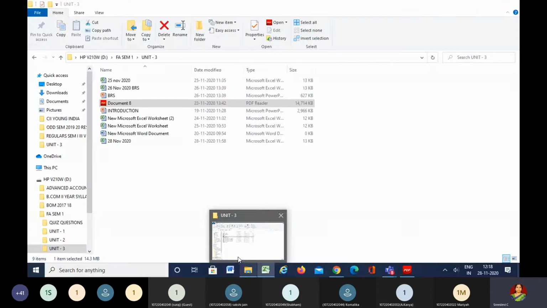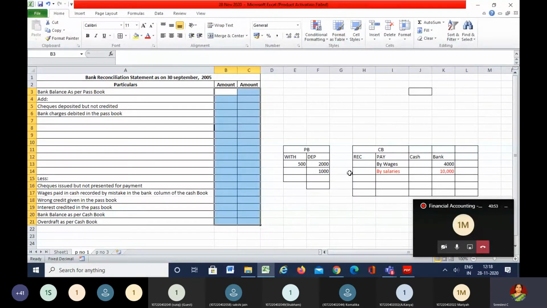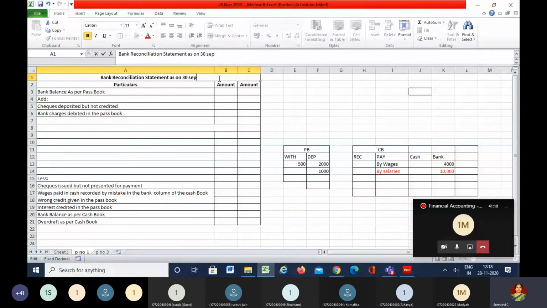Okay, so on 31st of December, 2006, Raju's cash book. So Raju is the proprietor here. Raju's cash book showed bank overdraft of rupees 50,000. So here, first let us change the date. So the date is going to be 31st December 2006.